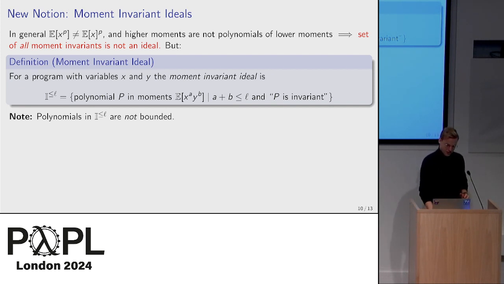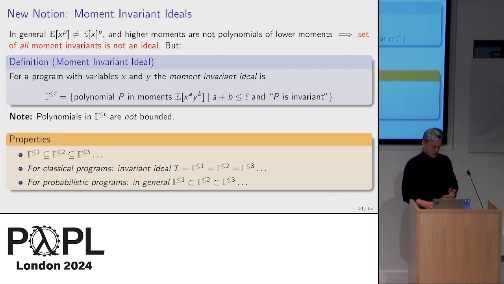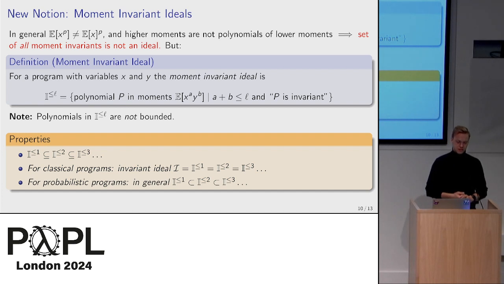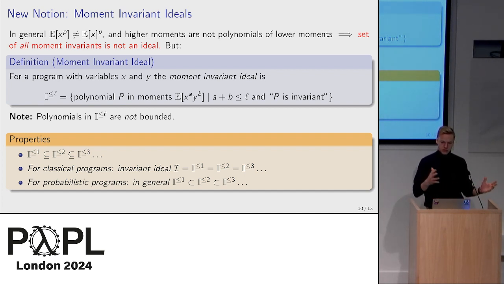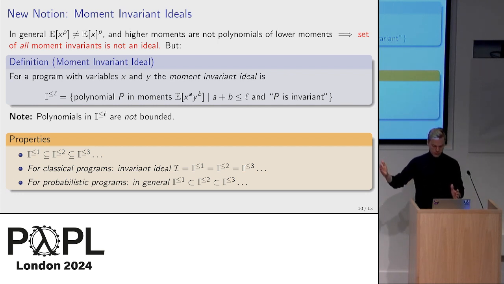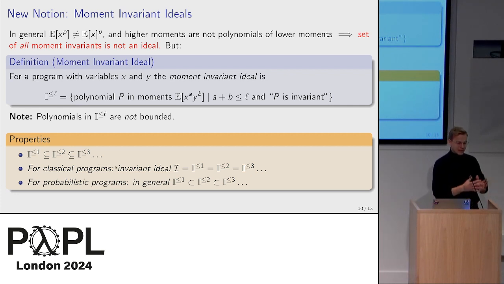And these moment invariant ideals then satisfy some nice properties. As you would expect, if you increase the order of the moments that you allow in your polynomials, you get more and more information. And it's also a proper generalization of the invariant ideal from the beginning for classical programs.